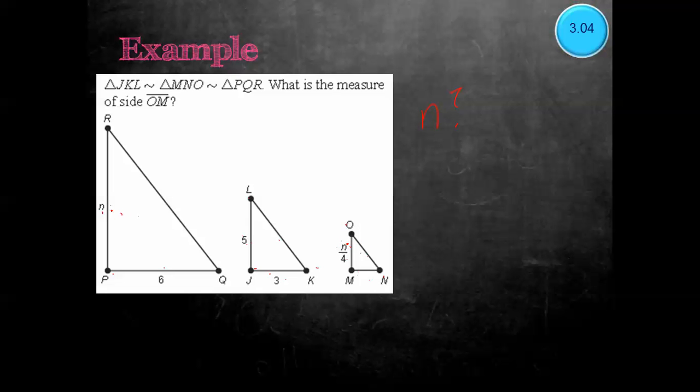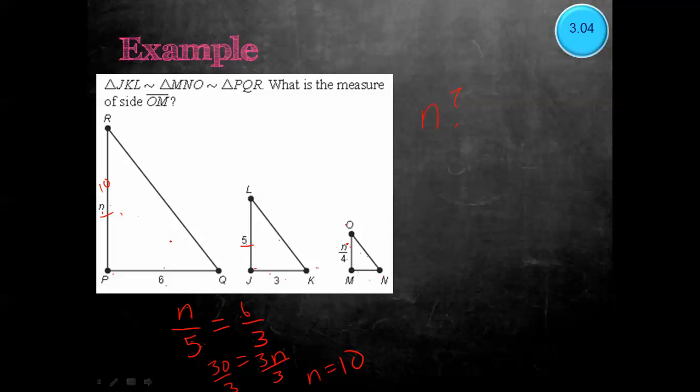So what we could say is that n over 5 equals 6 over 3. Okay, and remember our means extremes property, right, that we can multiply the means and the extremes. So 5 times 6 is 30, and then n times 3 is 3n, right? So we divide by 3, and we get n equals 10.